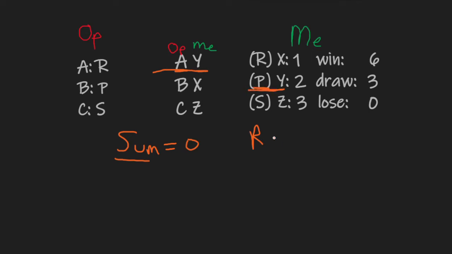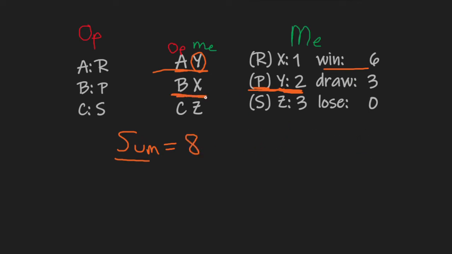Y is paper. So rock versus paper. Paper beats rock, so for sure we're going to add 6 because we win, but also we're going to add 2 because we choose Y here. So 6 plus 2 is going to be 8. We'll add that to our sum and then continue on.